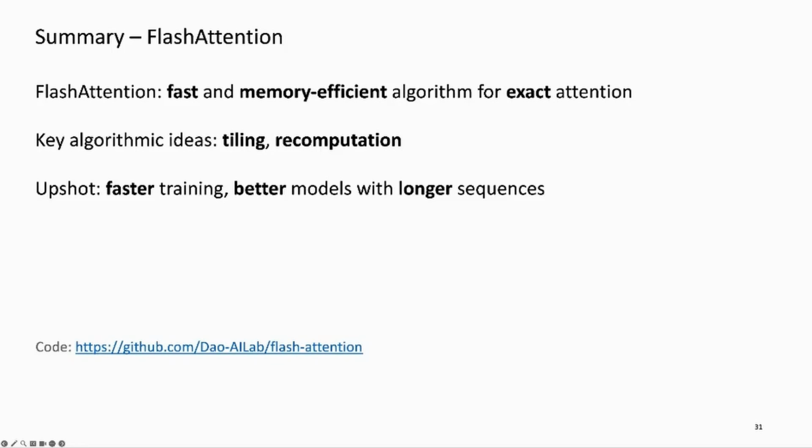Other folks have done RWKV, where they show that RNNs can actually be quite competitive with transformers at scale. With RNNs you can get a lot of benefit for inference throughput, because you don't have to keep around the entire history. You compress everything into a fixed size state vector, so you can potentially get much higher inference throughput. Of course, a lot of work still needs to be done.